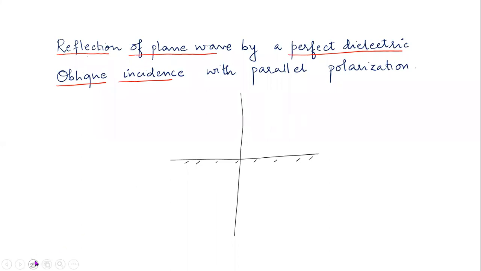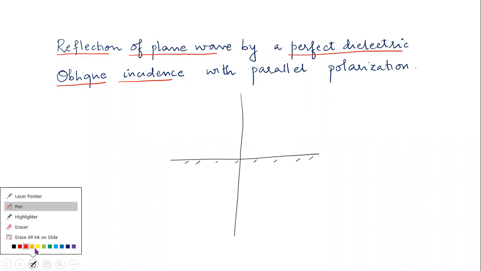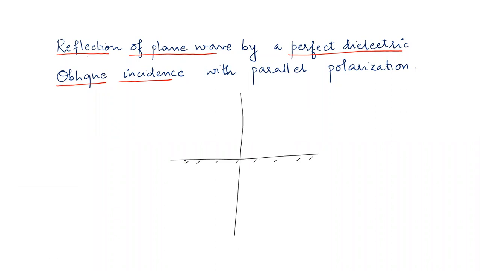So what I'm going to do right now is that there are two mediums. This is medium 1 and this is medium 2. You can also draw the diagram, medium 1 and medium 2. Medium 1 will have some constants mu1 epsilon1 and medium 2 will have constants mu2 epsilon2, right?